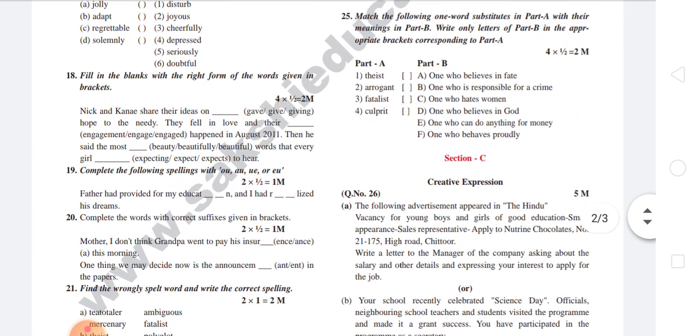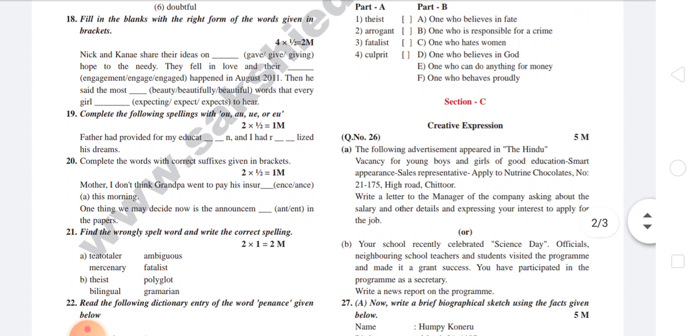And section C starts with the 26th question. In this 26th question we will get A and B options, 2 questions. If you want to write A, you can write it, or if you choose to write B, as you wish, you can write B. If you write like this, you will get 5 marks.